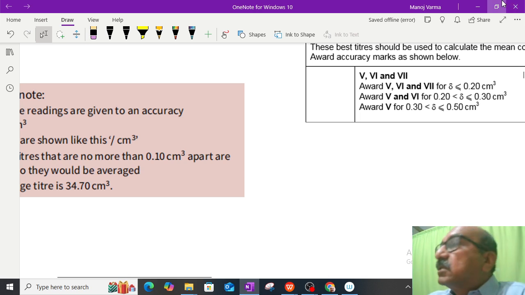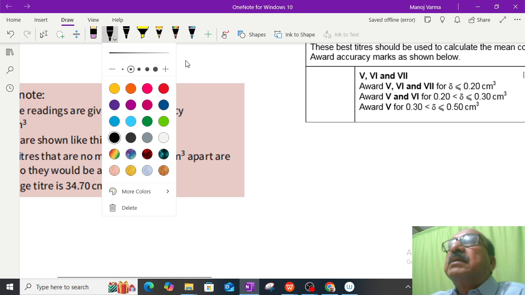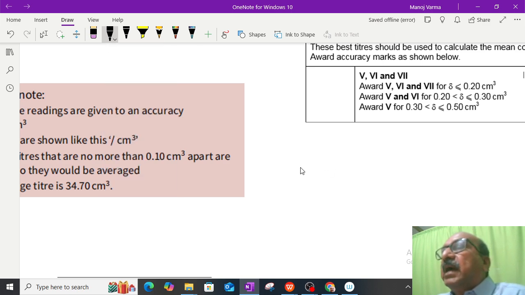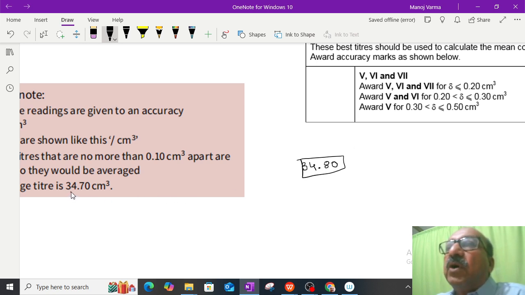And let us suppose that the actual reading submitted by the supervisor who is conducting the practical along with you, and they found that the reading is actually 34.80. That is according to the teacher, right? 34.80 is the reading that the teacher has got while doing it. So now they will see how much this reading of yours differs from the actual.